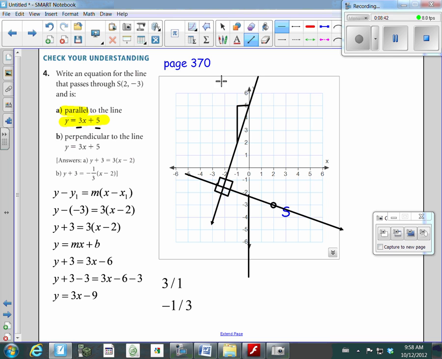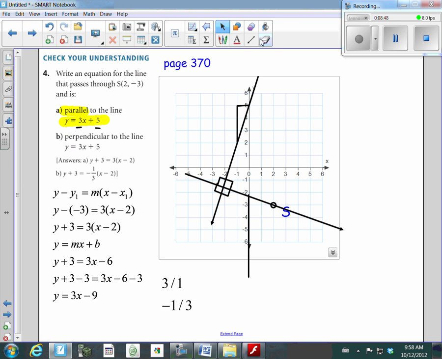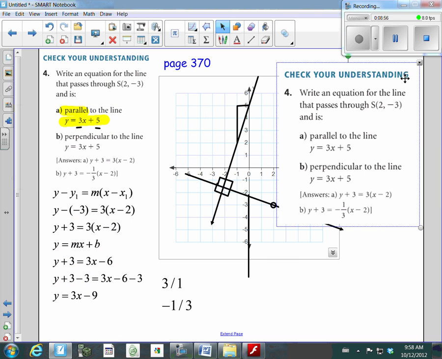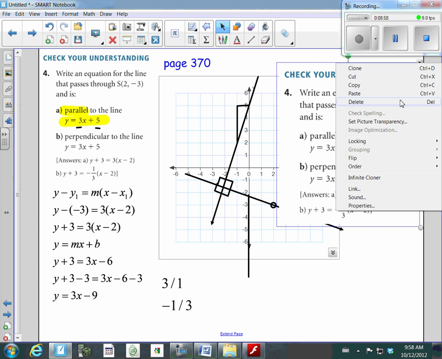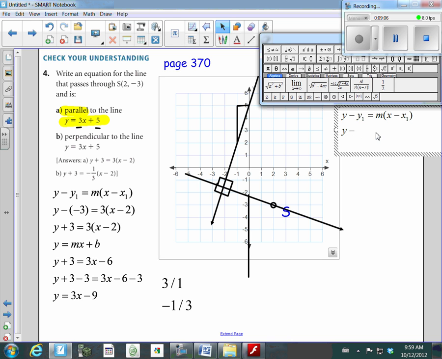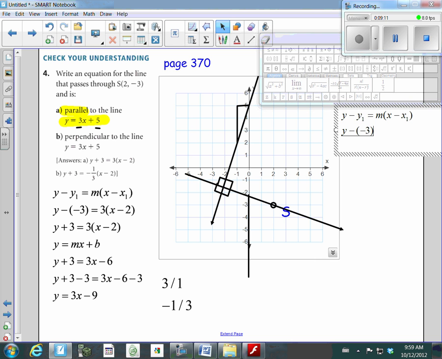Okay. And now for the most important part, to come up with the equation of that line. So we do the same thing as what we did with the parallel lines. Okay, so the same formula, obviously. So it's y take away y1. It's the same point, so y1 is, again, negative 3, equals m.